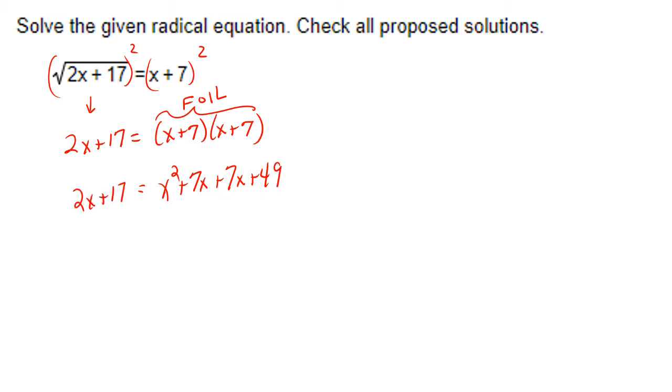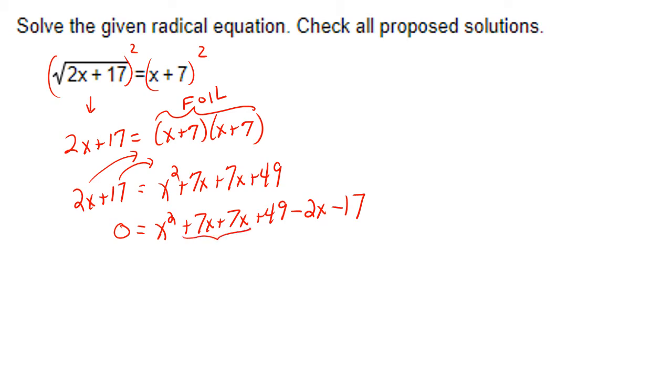Now I'm going to move all the terms to one side of the equation. So I'm going to move these two terms over to the right. I have x squared plus 7x plus 7x plus 49 minus 2x minus 17. As you probably recognized, I definitely have like terms I could combine.